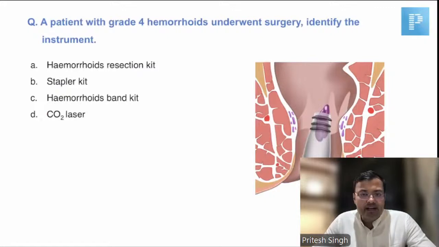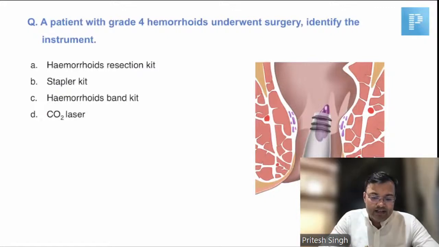Can you tell me, guys, what is the correct answer?